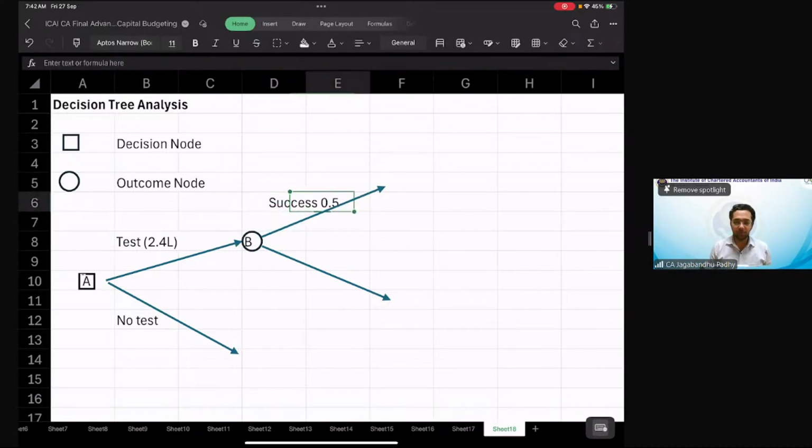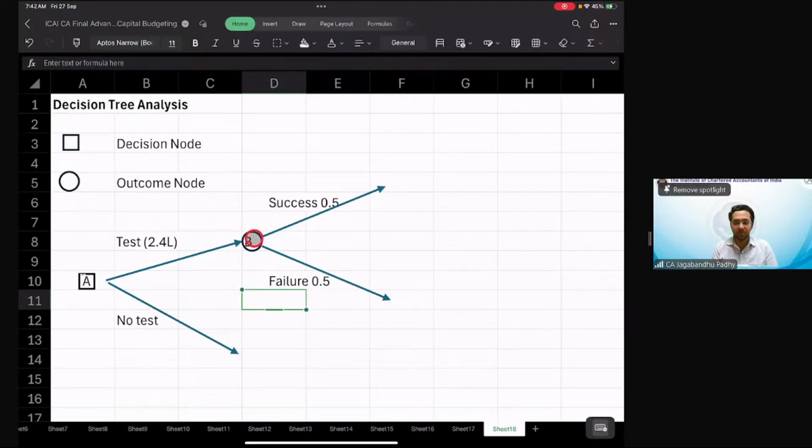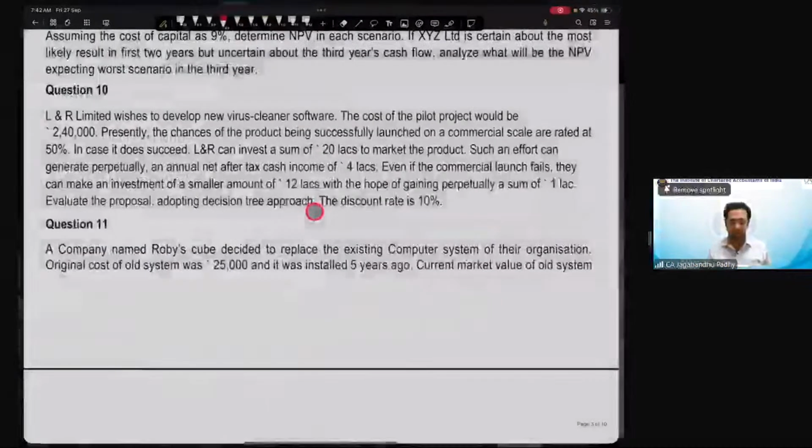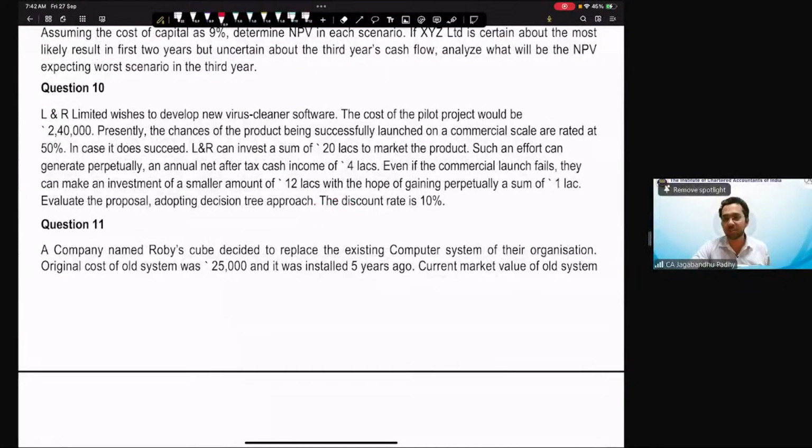So we are likely to face a success with a probability of 0.5, and also we are likely to face failure with again 0.5 probability. What do we do if we get the success? What does the question say? If we are successful, what is our next course of action?